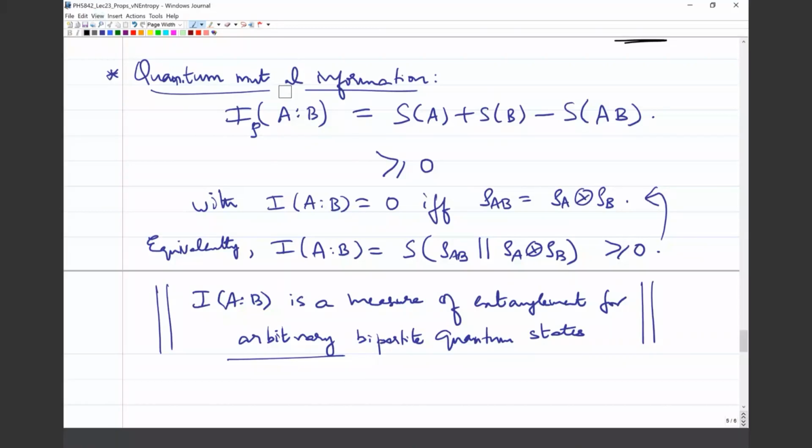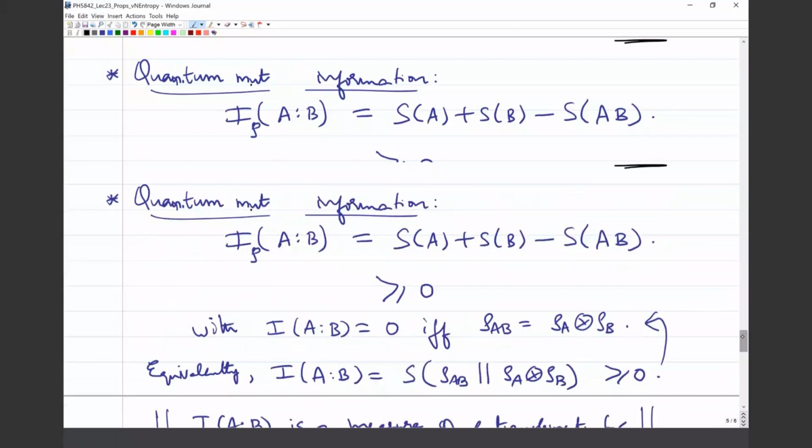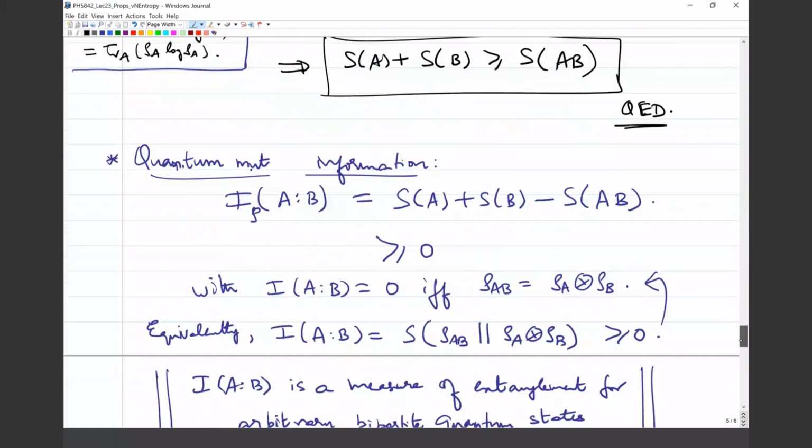So the subsystem entropy in itself may not tell you anything about the entanglement, right? Because you obviously have a product mixed state where the local density operators need not have zero entropy. But just that fact does not make a mixed state entangled. So I hope you understand what I'm saying.